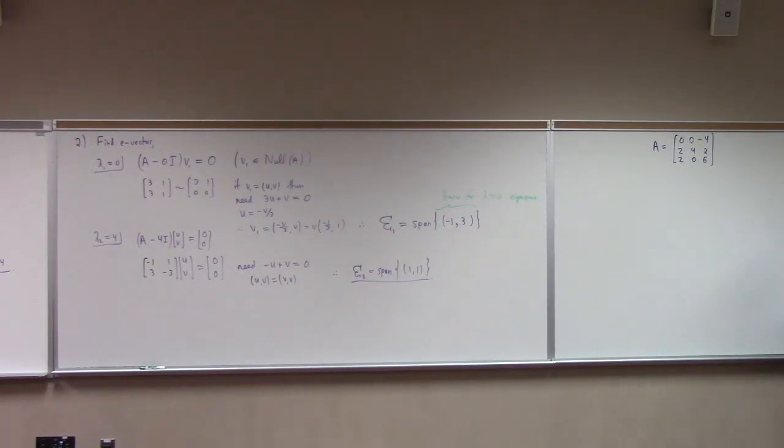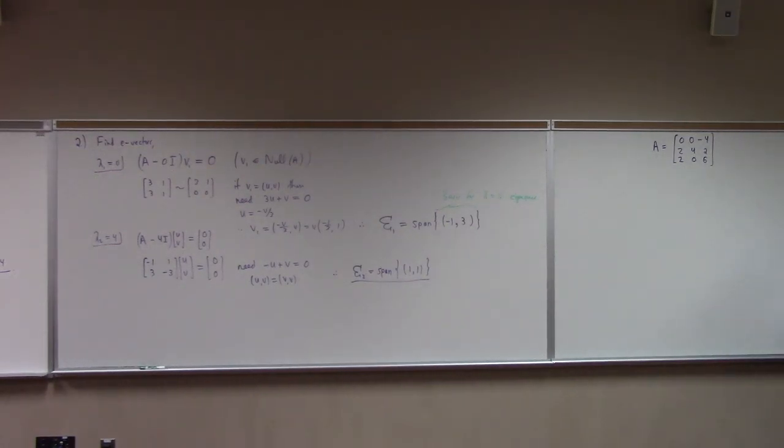Well, fair enough. So we're looking for a solution to (A minus lambda I) times v equals 0 for v not equal to 0, right? But you know that (A minus lambda I) times 0 is equal to 0, right?